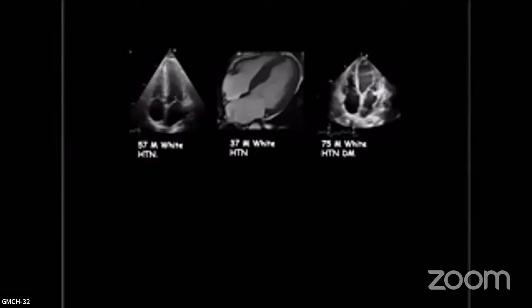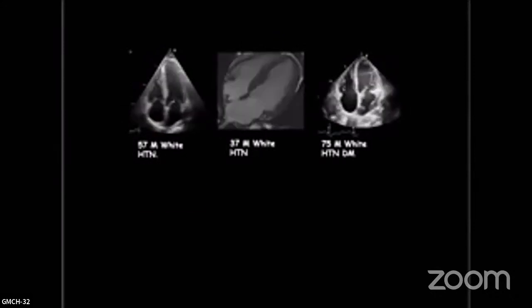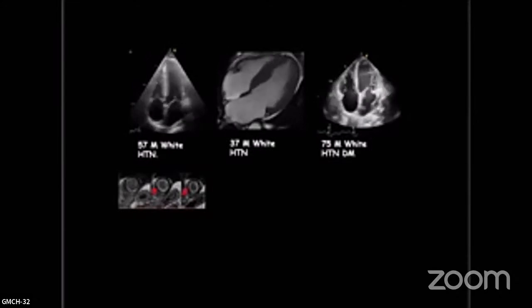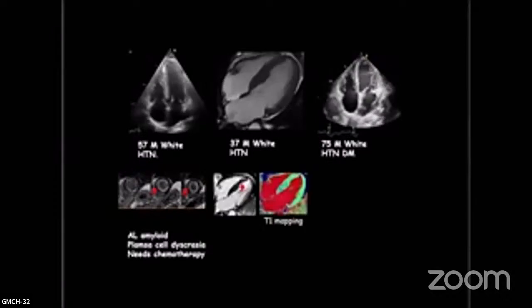These are three patients with thick hearts, and the CMR scan in the first patient showed subendocardial scar and altered gadolinium kinetics, and we made a diagnosis of AL amyloid.